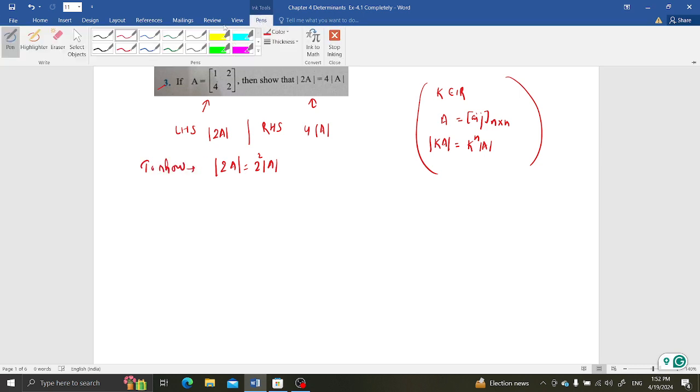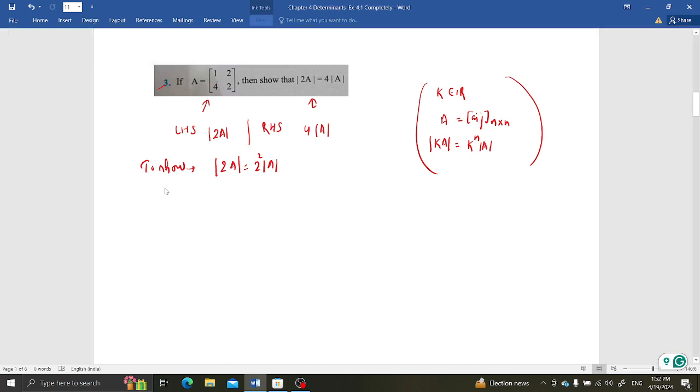Now how can we prove it? Obviously, first of all I need to take the LHS. A we have, so I need to find 2A, and 2A means that 2 is multiplied with each entry of A. So here 2, here 4, here 8, and here again 4.